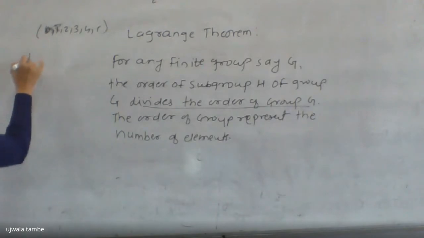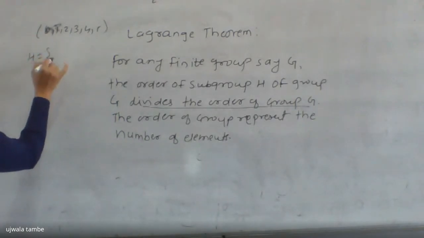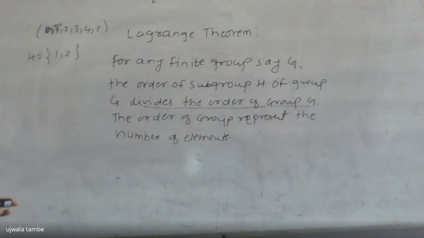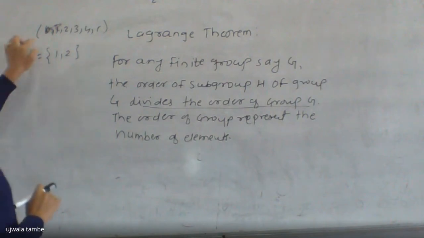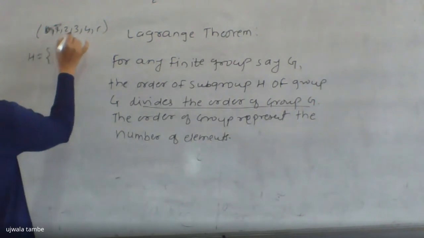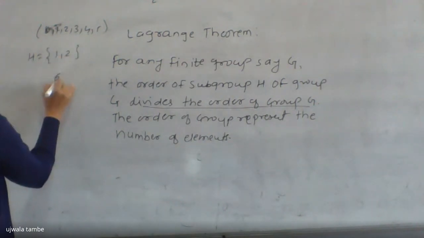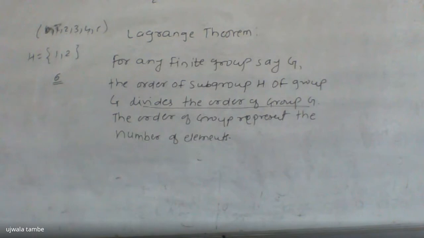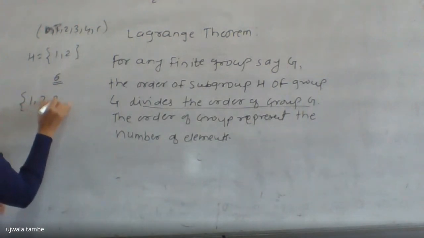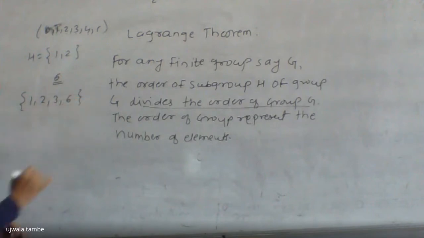And suppose my sample group H has 2 elements, 1 and 2. Now, as per this statement, we have to divide the number of elements of G by the number of elements of H. So there are 6 elements, and we have to find out the divisors of 6. So the divisors of 6 are 1, 2, 3 and 6, right?